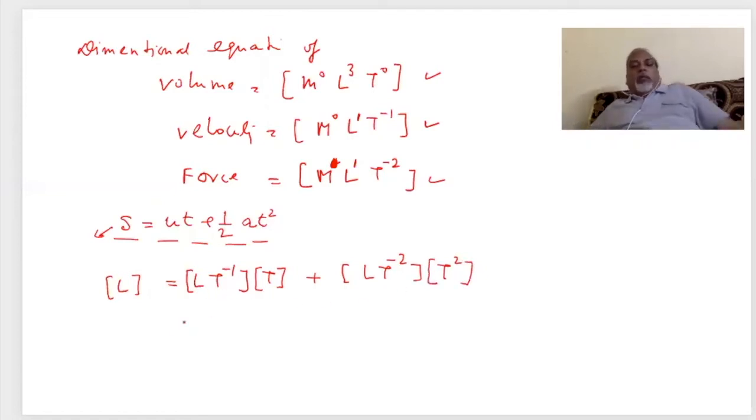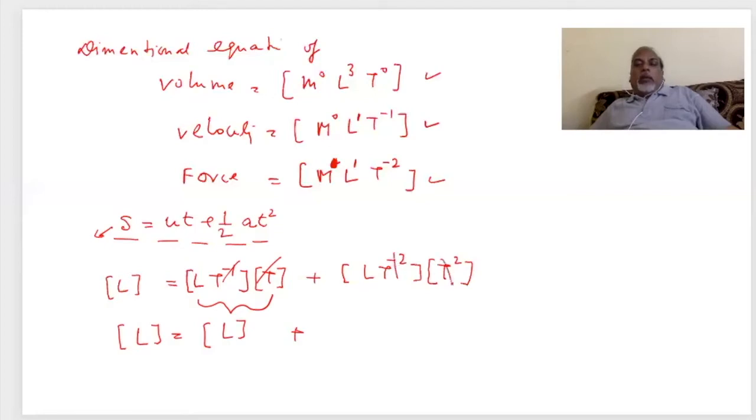Now let us check whether this is dimensionally homogeneous or not. Here T minus 1 is there, here T is there, so this will cancel out. So what is remaining here? L. Here T square is there and T minus 2 is there, then again this will cancel out.